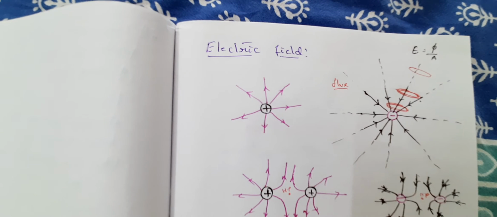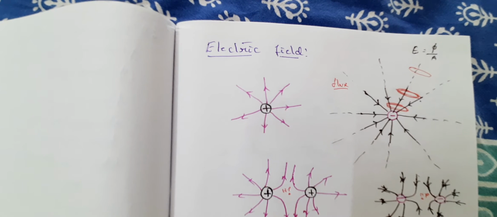Right, so now starting the concept of electric field. We know the definition: normally, what is a field? It is the space around a charge where its influence is felt, within the vicinity of that charge.